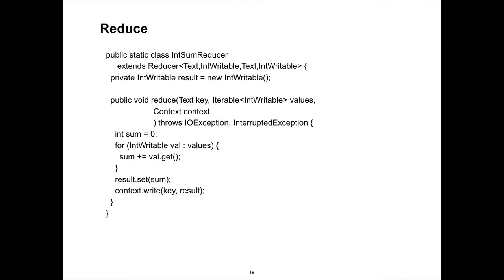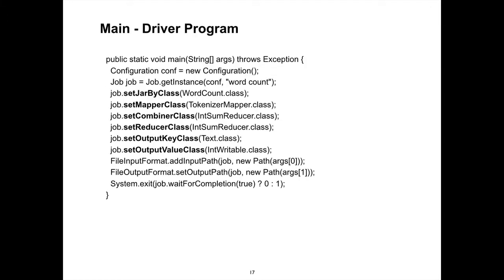But now what we need to do is we need to combine it all together. So we write a main program, which basically tells Hadoop how we want to run our job. And so we create configuration. We tell it here is the jar file we want to run.